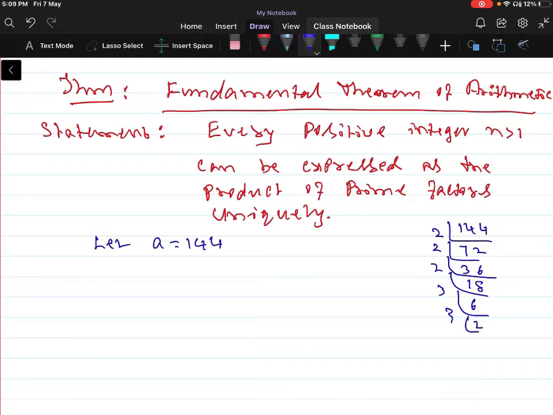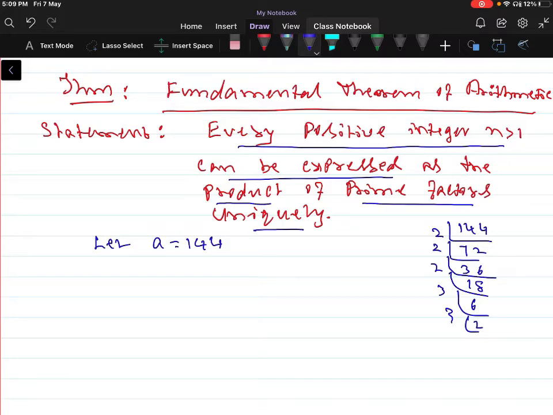Every positive integer n greater than 1 can be expressed as a product of prime factors uniquely. Before moving to the proof of the theorem, let us take an example. Let us take a equal to 144. Let us factorize.